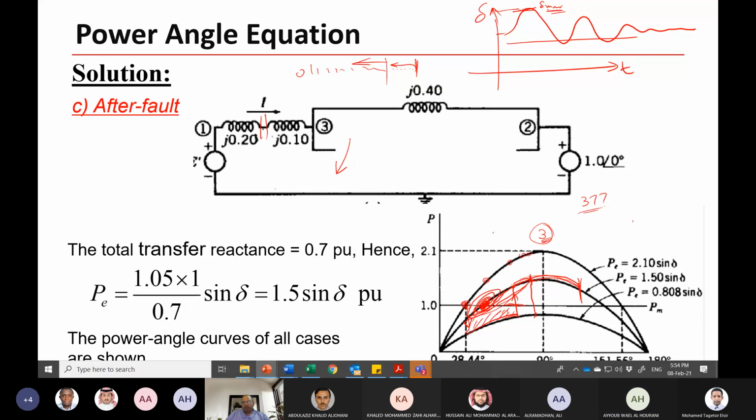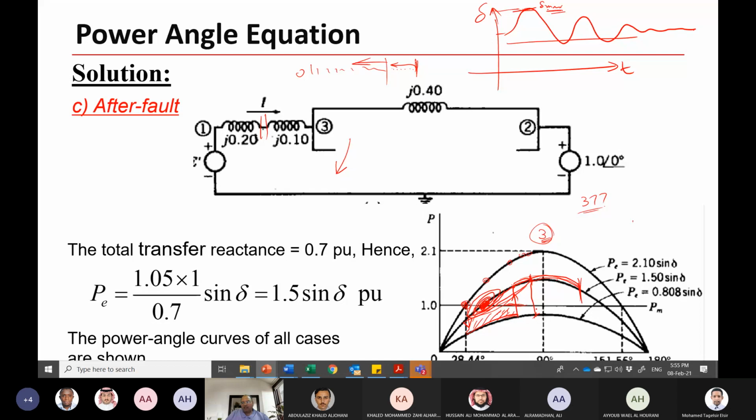Actually, if you want to explain more here, in this fault, probably in 520 you have been asked to get the critical clearing time and the critical clearing angle, right? In 520, you use the equal area criteria.